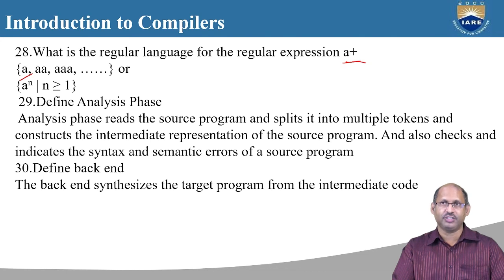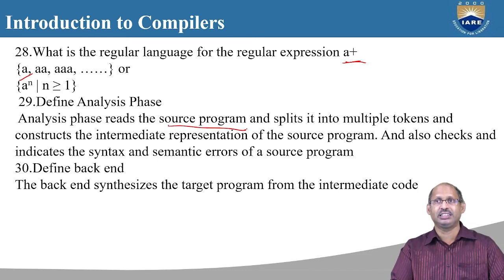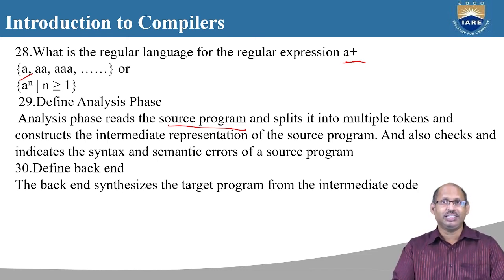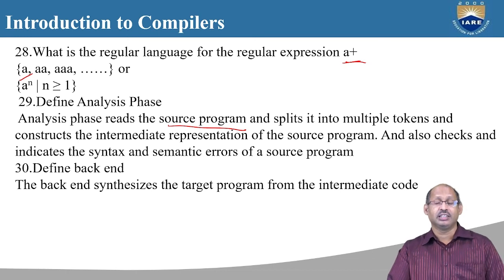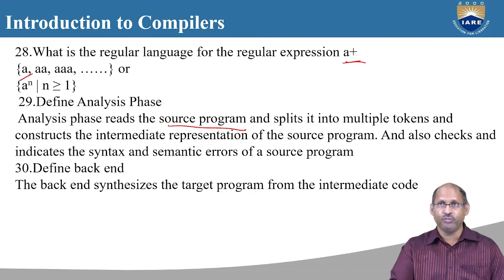Define analysis phase. The analysis phase reads the source program and splits it into multiple tokens and constructs the intermediate representation of the source program and also indicates the syntax and semantic errors of the source program. Right? So analysis phase. The phases of a compiler are 6 phases. The 6 phases are divided into 2 forms.